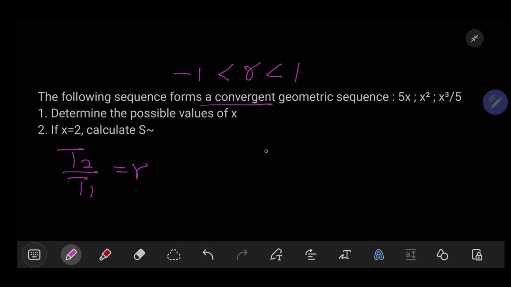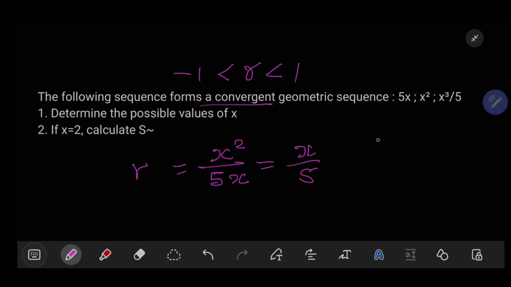In this case our t2 is x squared, and we divide that by 5x. Remember this is our r. When we divide this, we're going to have x over 5, because x squared is like x multiplied by x, divided by 5x, and then this x will divide this x, and we're remaining with x divided by 5.